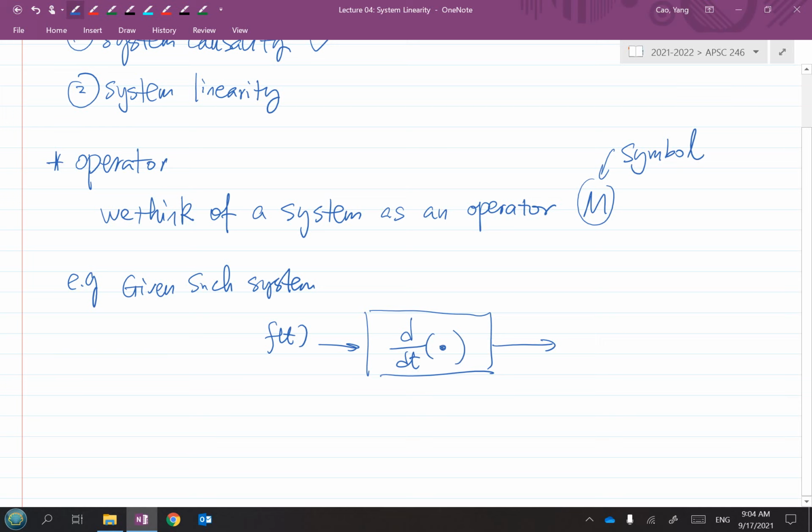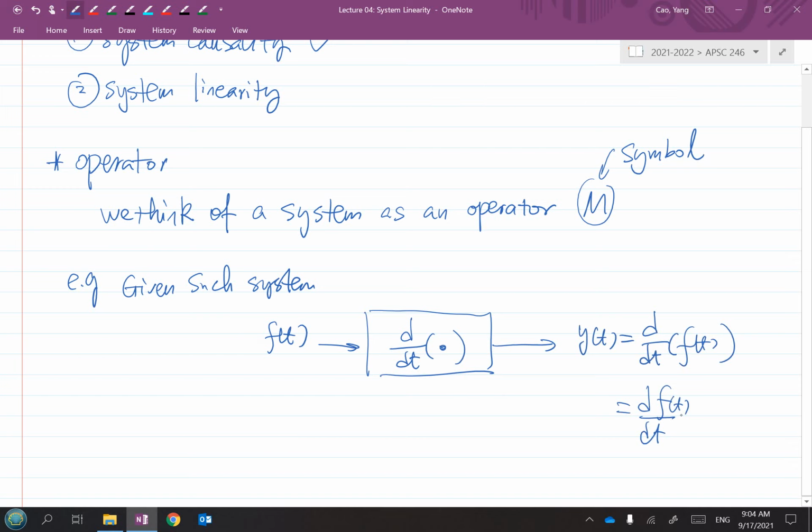The system is very simple. Whatever input is given to the system, it spits out its derivative. So the output here is the derivative of the input, or sometimes you just write it df over dt. So that's a system.